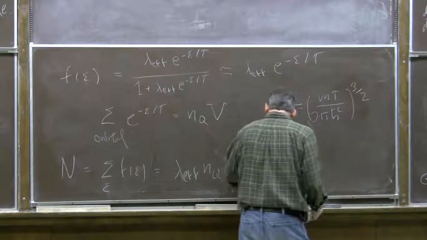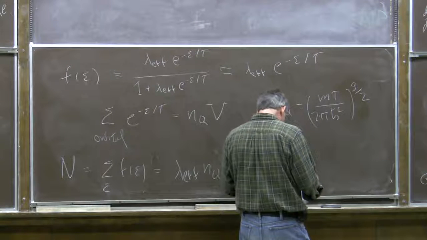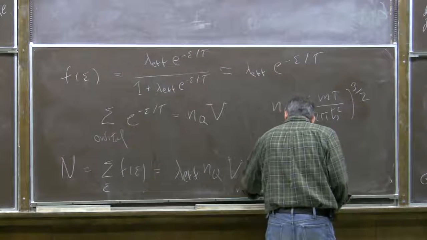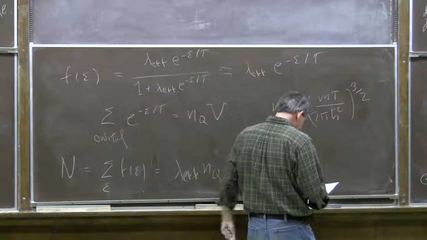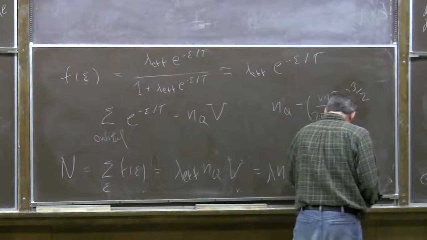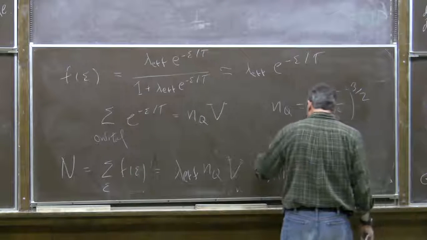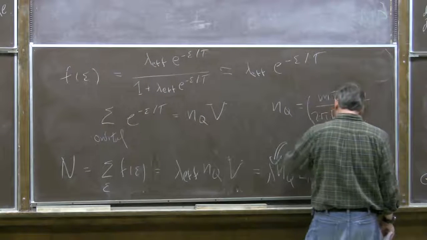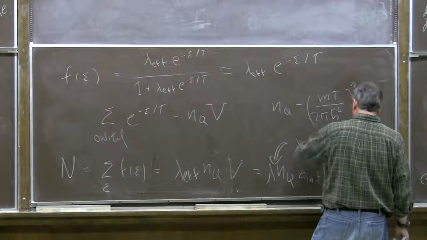So just to write out again what lambda effective is, that's lambda times quantum concentration times z internal times volume. Lambda, of course, the activity, is just e to the mu over tau.